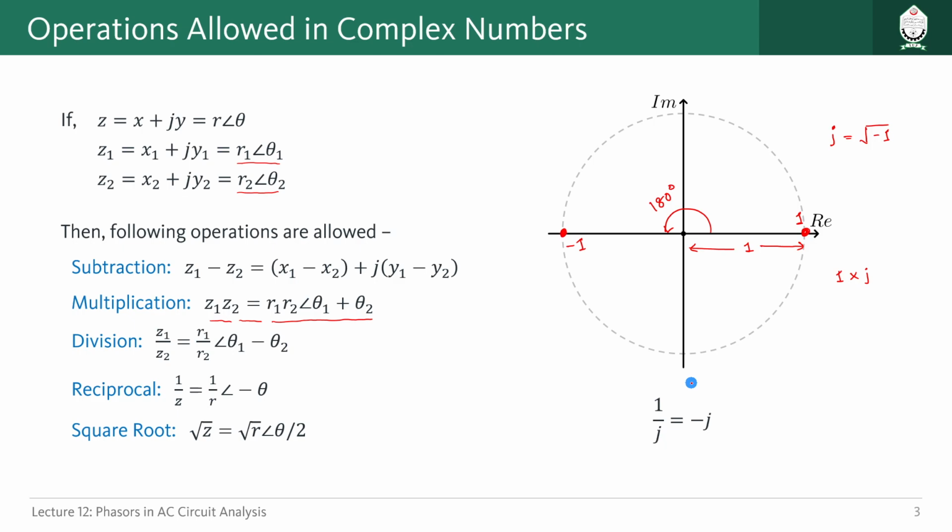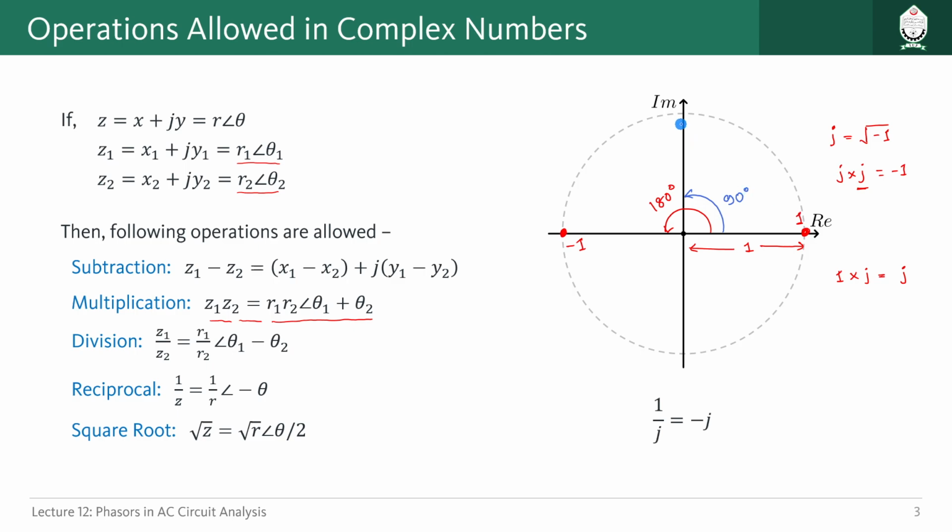Now what is j? If we multiply j with itself, I mean j square, that is equal to minus 1. So for minus 1 we had to go 180 degrees in the counterclockwise direction. To get to j, that is 1 multiplied with j equal to j, we have to go half of that, half of 180 degrees. So that should be something like this. So it should be 90 degrees.